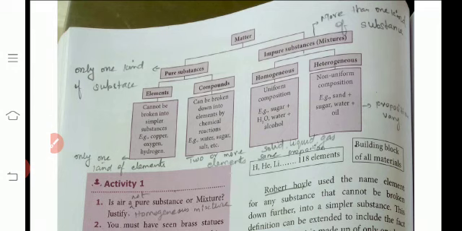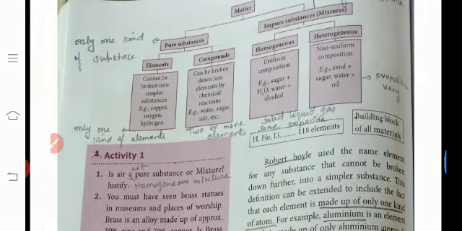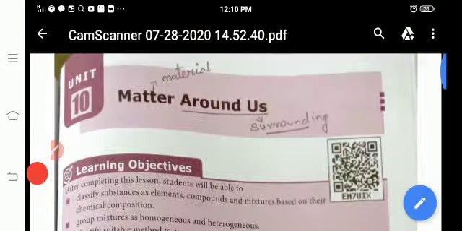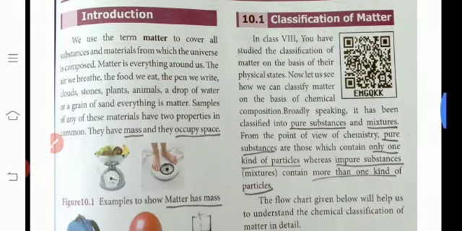Next class we will discuss what is meant by element and compound, and by homogeneous and heterogeneous mixtures. Read this topic and make your own questions.